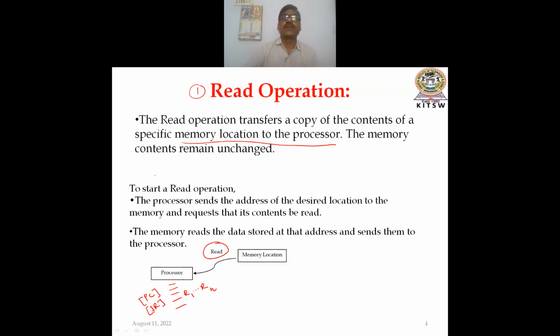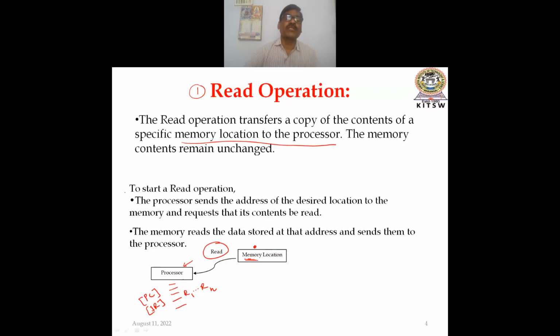The purpose of the read operation is to transfer the data from the memory location to the processor registers. It is very important that the memory contents are not changed. The data is transferred from the memory location to the processor register, so the contents of the memory will not be changed.